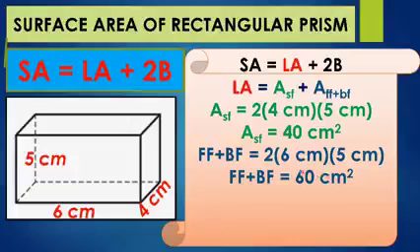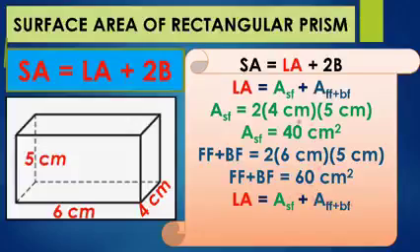Now, hindi pa tayo nagtatapos kasi una nating hahanapin is the lateral area of the rectangular prism. So, babalikan natin yung formula in finding the lateral area of your rectangular prism. That is simply by adding the area of your side faces and the area of your front and back faces. That is, lateral area is equal to the area of your side faces plus the area of your front and back faces.